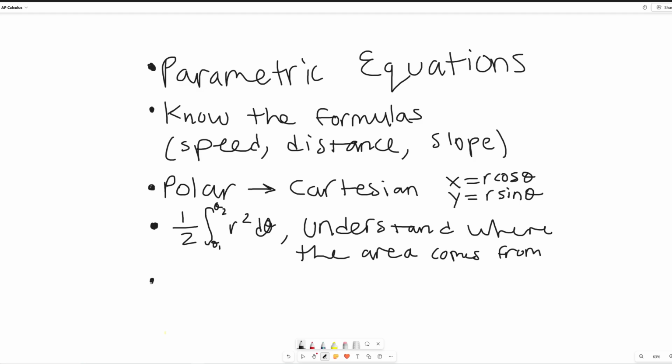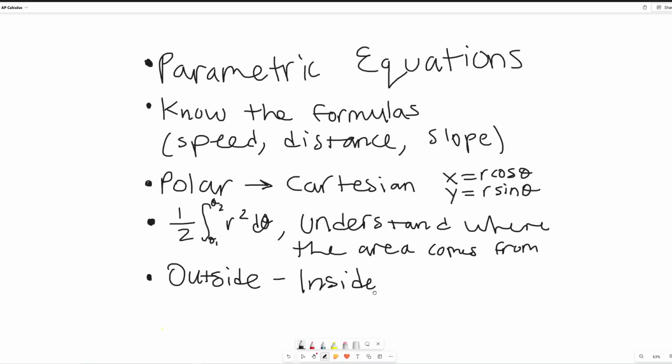Finally, the area between polar curves. You can do outside minus inside.